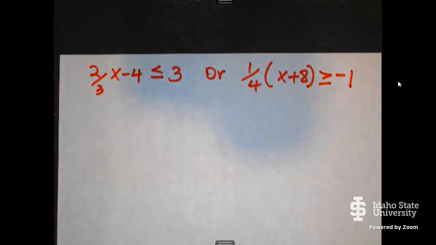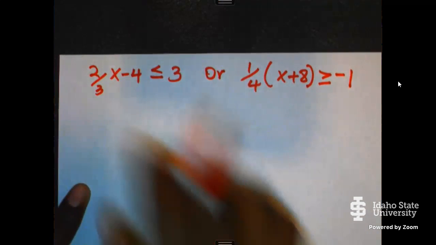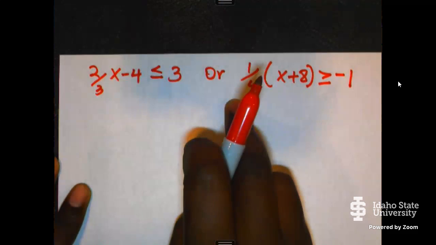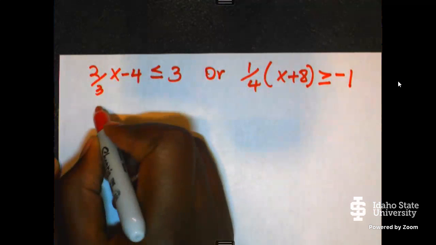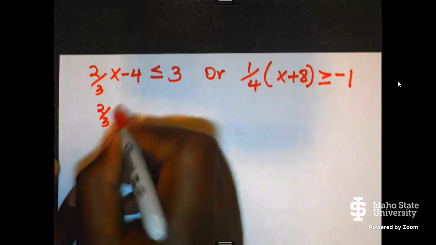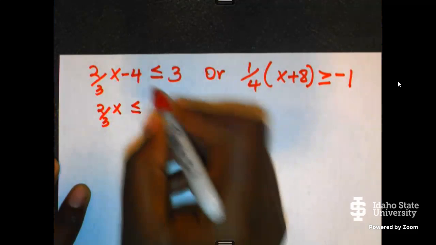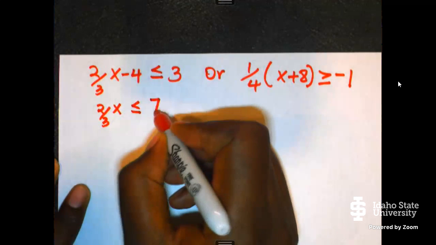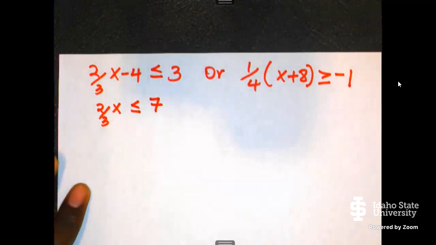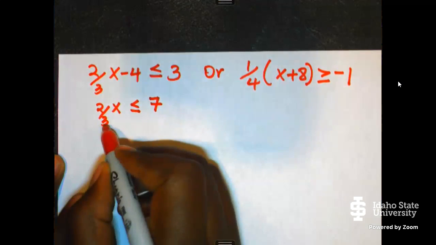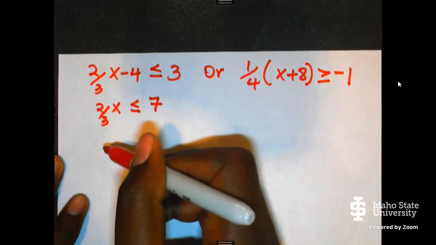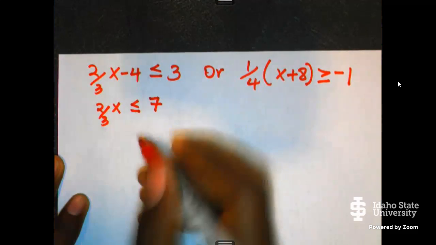All right. Okay, so we take minus 4 to the other side. So 2 over 3x less or equals to 7, right? Then we multiply by the reciprocal.